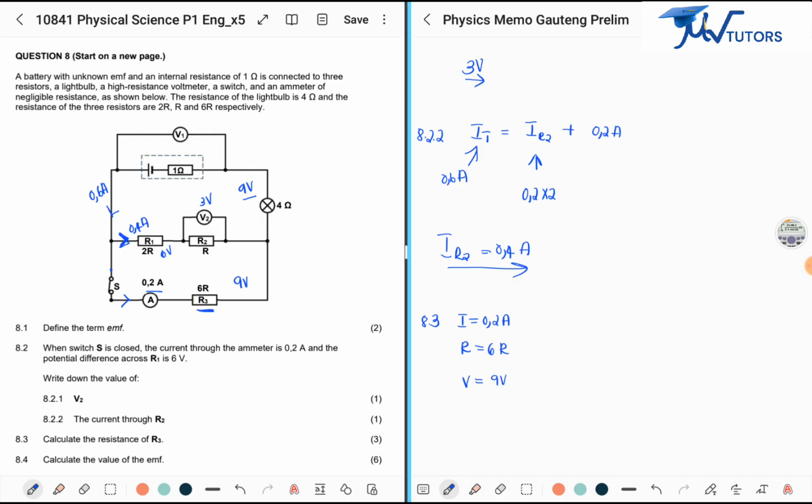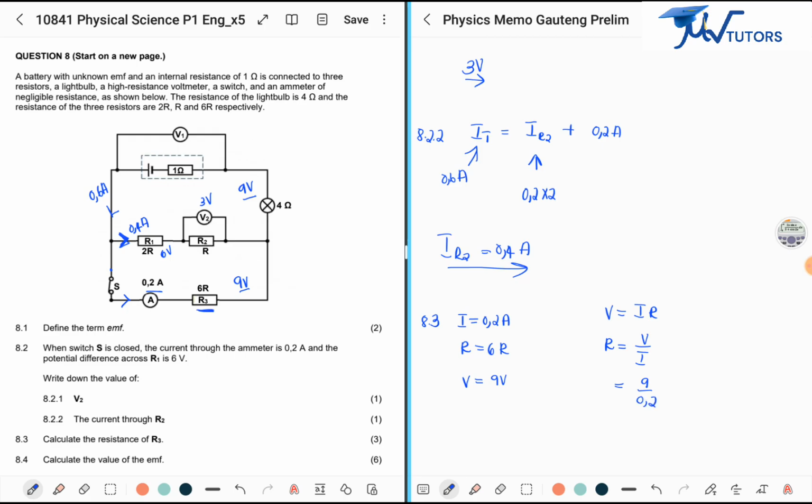Voltmeters in parallel are equal to one another, so the voltmeter reading is the same for those components in parallel. So we have 9 volts, and we know through Ohm's law that resistance is voltage over current. Our voltage is 9, our current is 0.2.